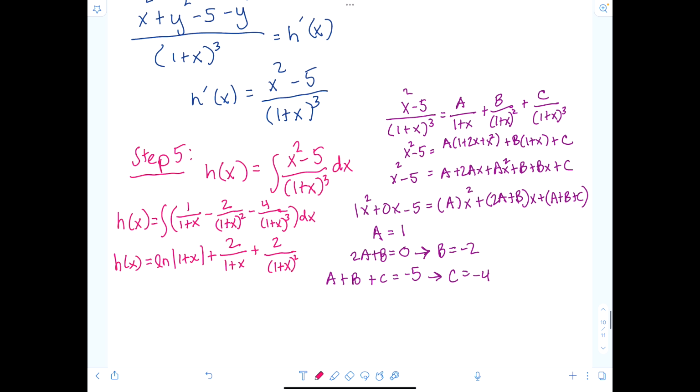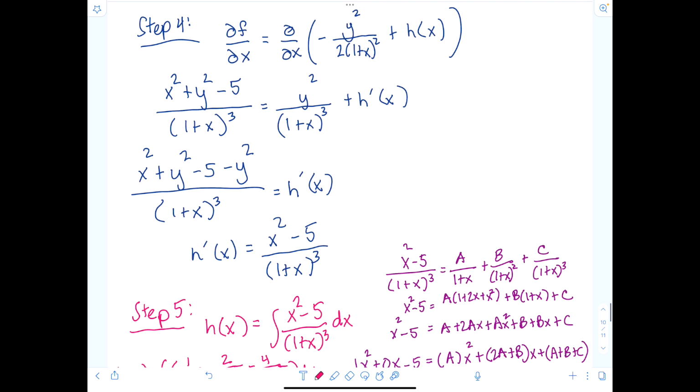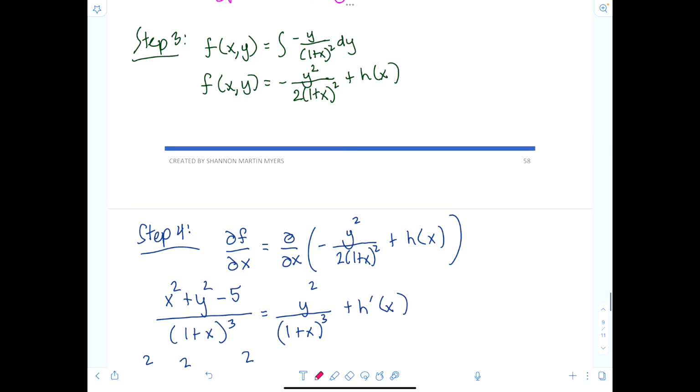Cool? All right, now remember what we found way back when in step 3. F of x and y, I'll just copy this one, was equal to all this.